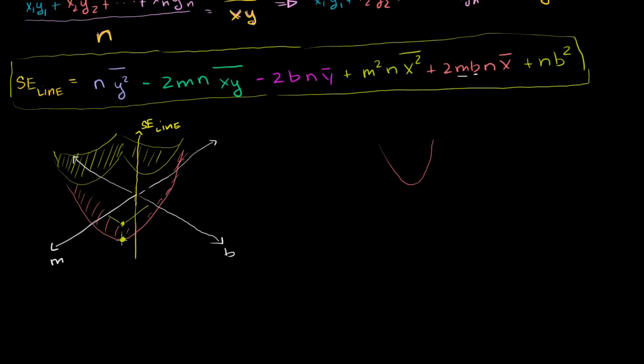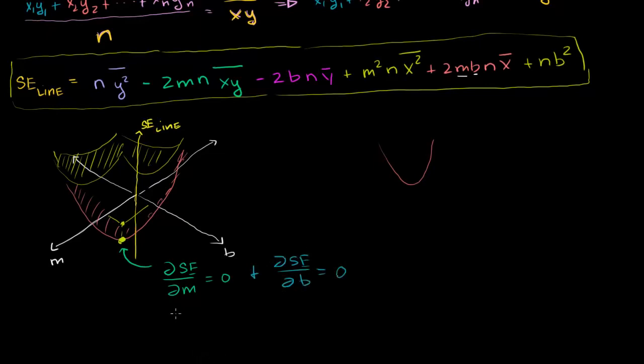Because this minimum point on the surface is where the slope with respect to m and the slope with respect to b is 0. So at that point, the partial derivative of our squared error with respect to m is equal to 0, and the partial derivative of our squared error with respect to b is equal to 0.